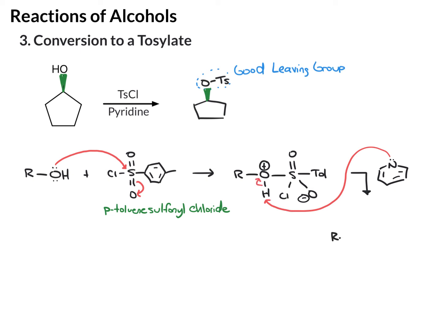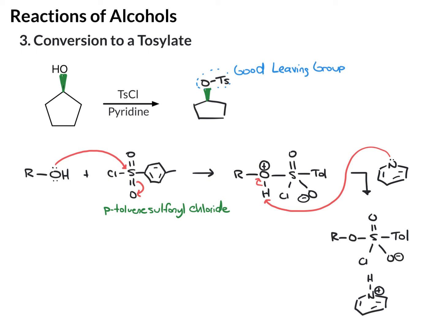So now we're left with R, the O, and the sulfur. The byproduct of this step is the pyridinium ion, the protonated pyridine. I'll just draw it: NH+.